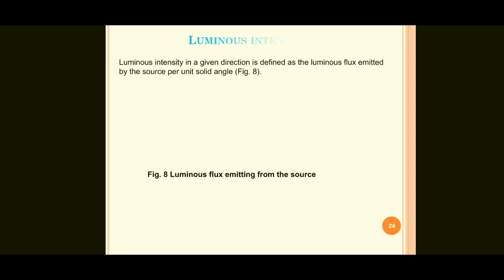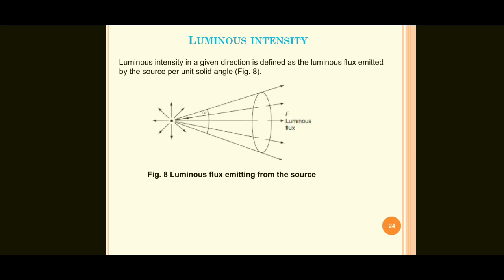Next one. Next definition is luminous intensity. So the luminous intensity in a given direction is defined as the luminous flux emitted by the source per unit solid angle.